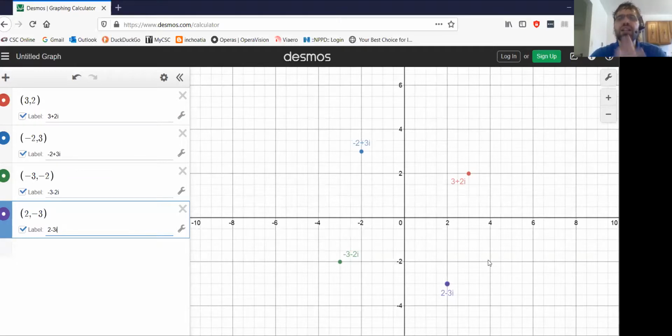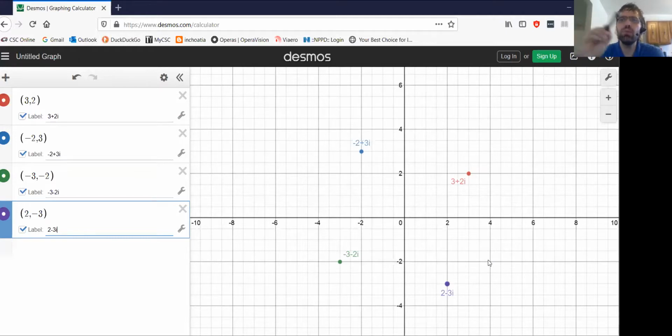And this is the key to understanding why complex and imaginary numbers show up in situations you might not expect them to. Because they give you rotation.